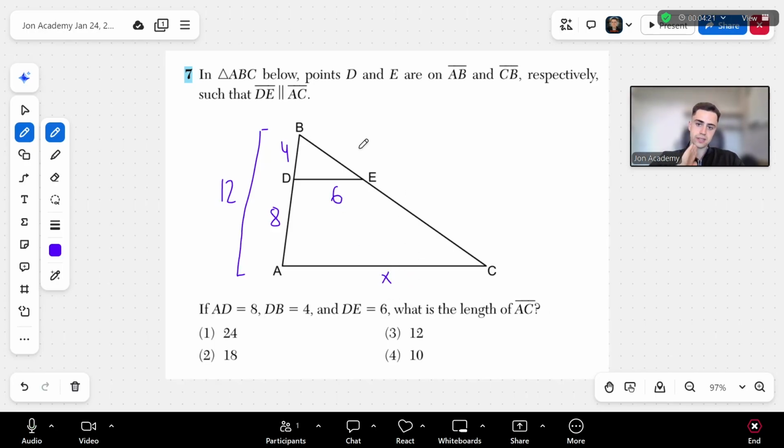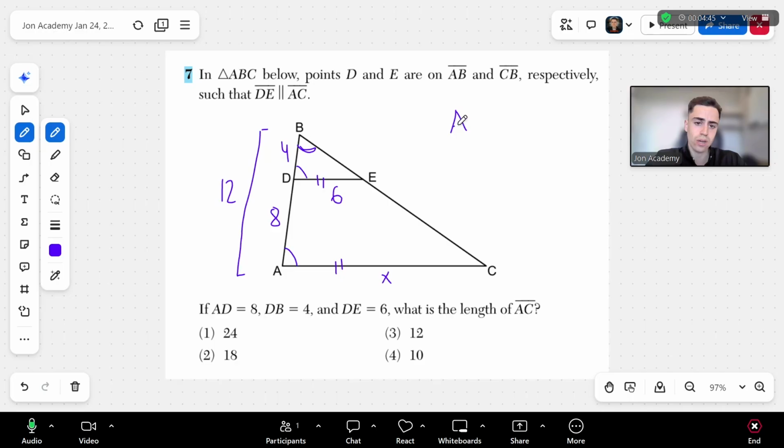What happens? Both these triangles are similar. There is a similarity between them. Why do we know that? Because both share the angle at B, and at the same time, they have two parallel lines here, and they also share a second angle.